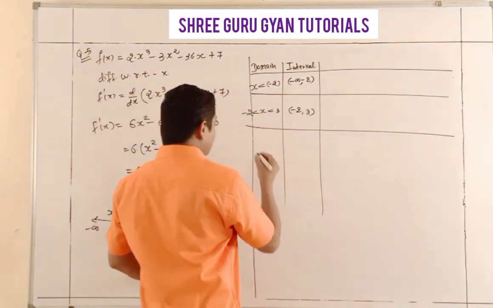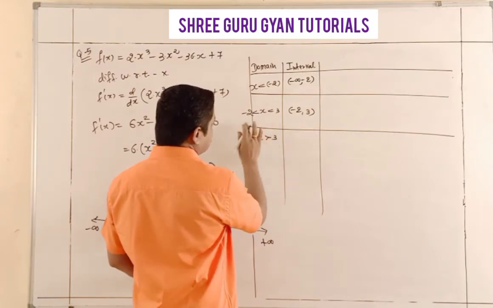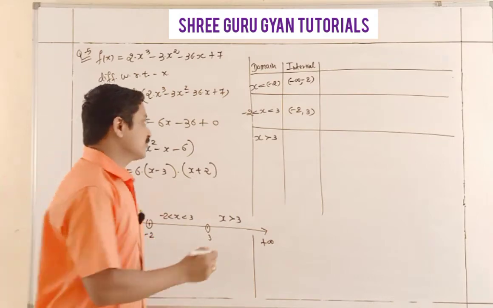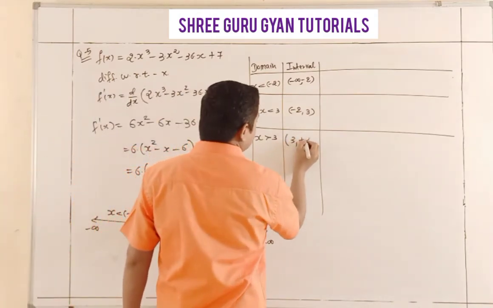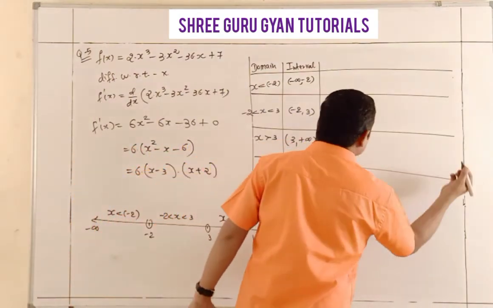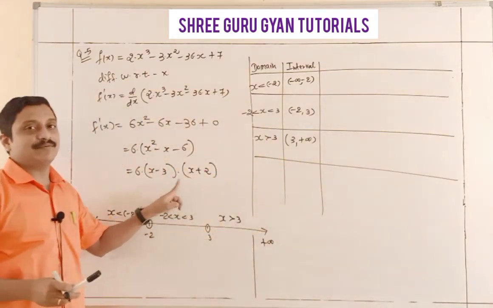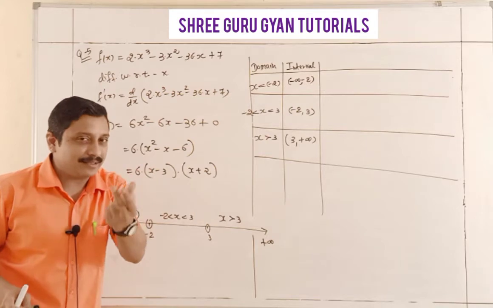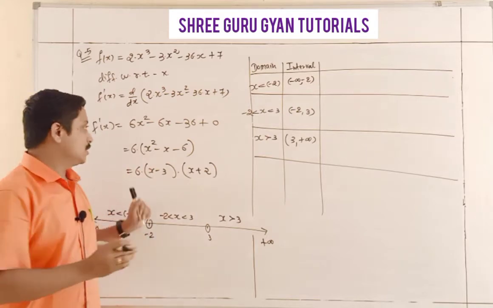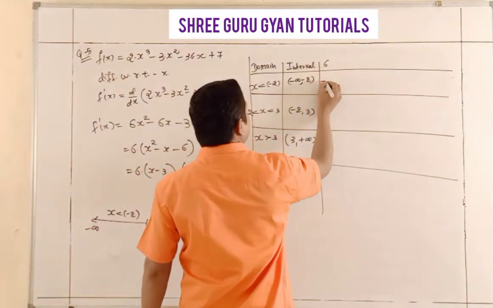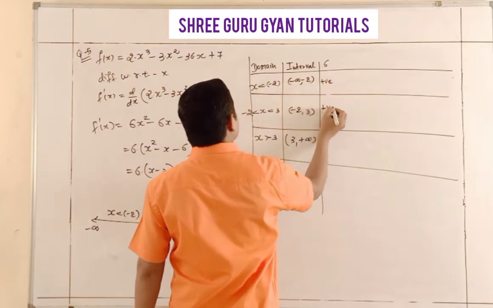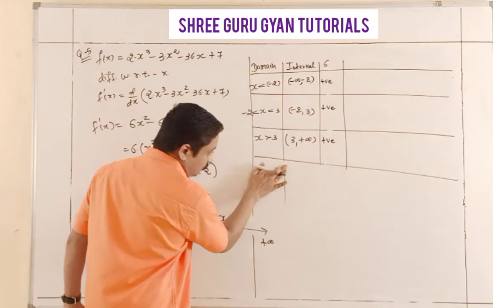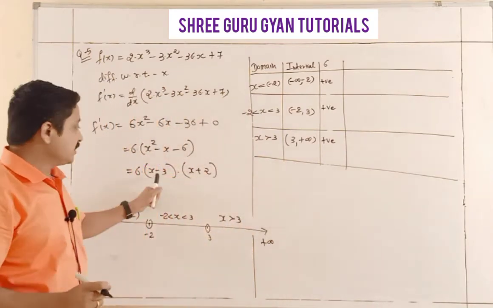And third, x more than 3, the third interval coming here is 3 to plus infinity. Now I go to finalize these 3. Students, here condition wise, what I explained, shortcut apply, because there are three cases. The 6 is definitely positive, positive, positive. Correct? Now x minus 3.